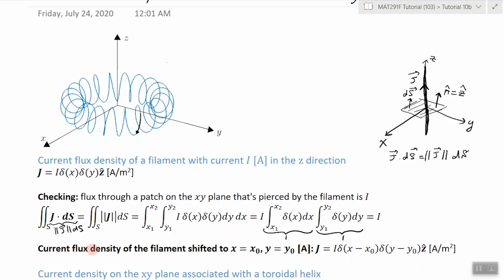Now, if you want the filament to be shifted to some value x equals x naught and y equals y naught, then your current density is going to look like this. So we would have this x naught shift and this y naught shift. This will make our filament, instead of being at x, y equals 0, pierce the xy plane at some other value.